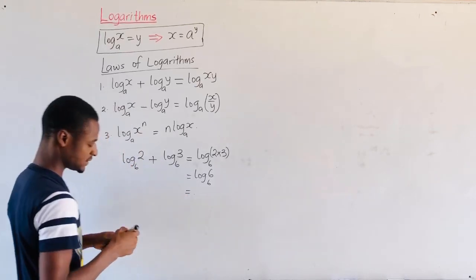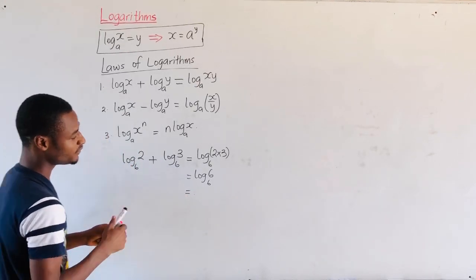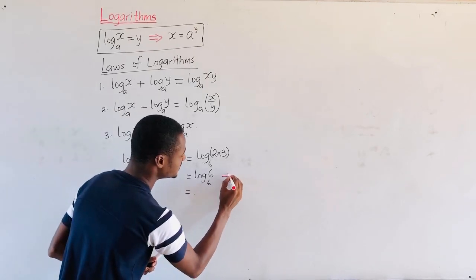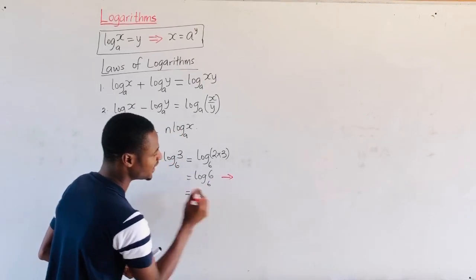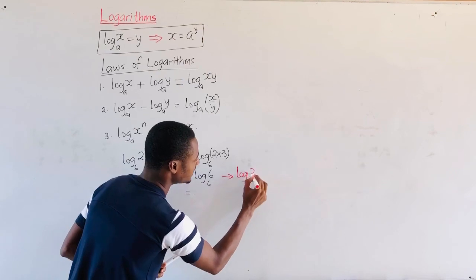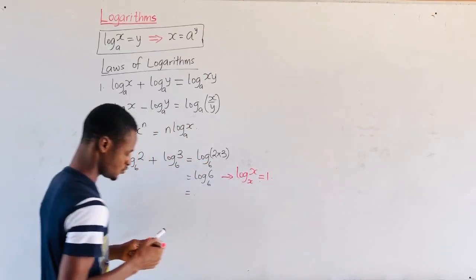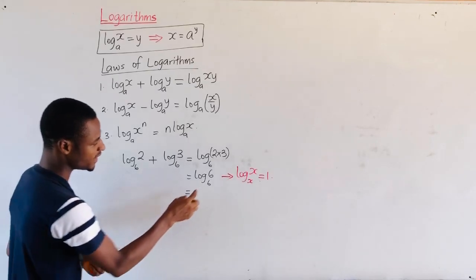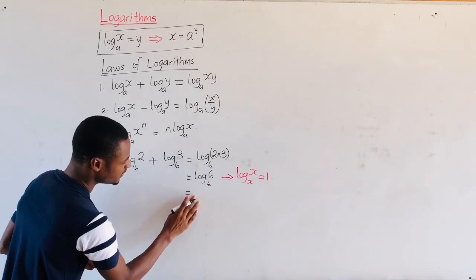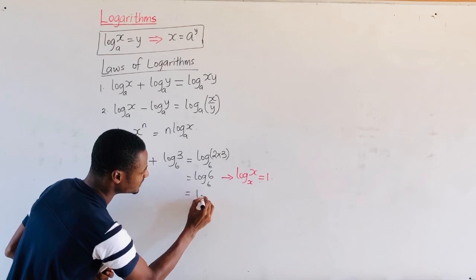Then note that if we have the logarithm of a number to the base of the same number, as log x to the base x, the answer is always equal to 1. So since we have log 6 to the base 6, we will say that the answer is 1.